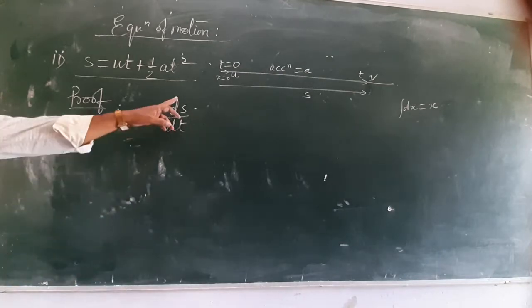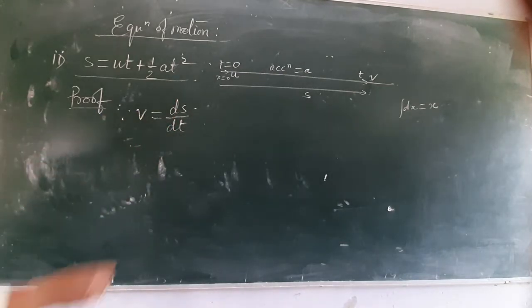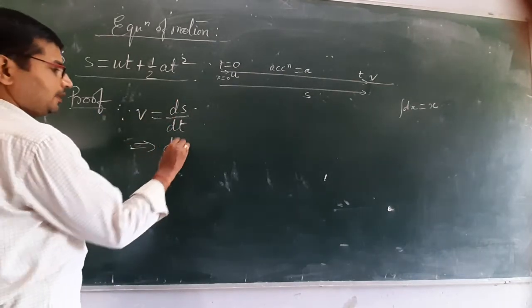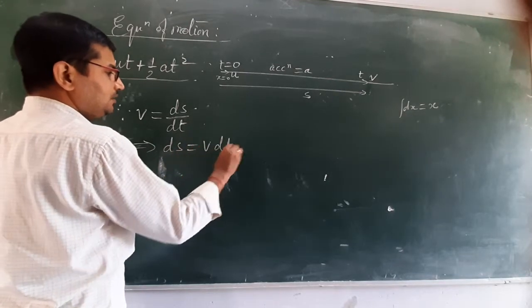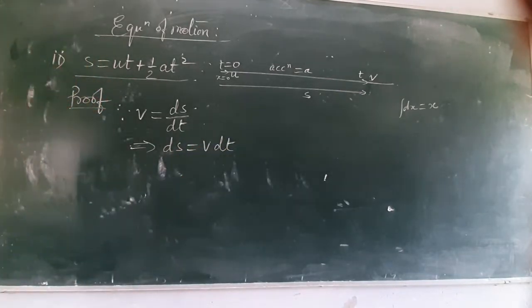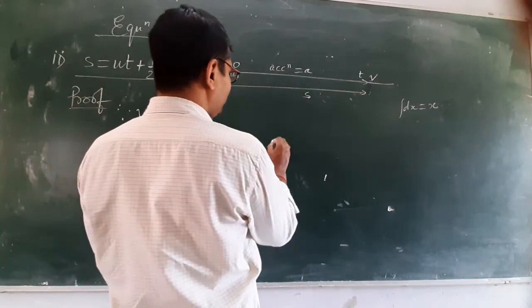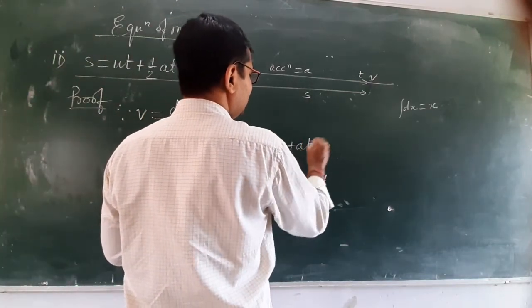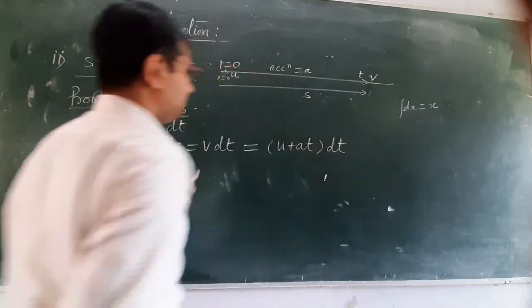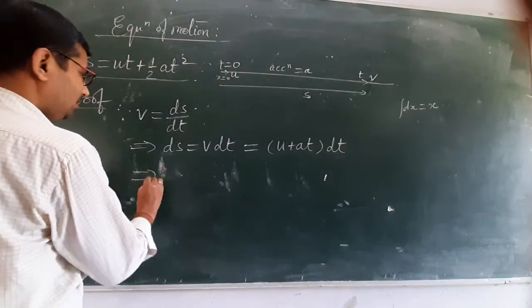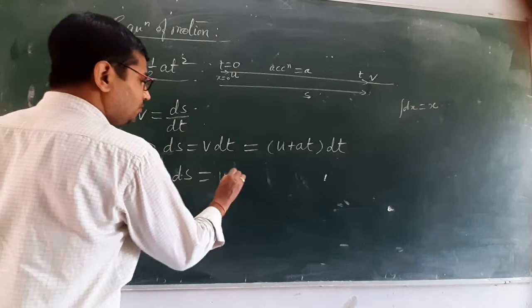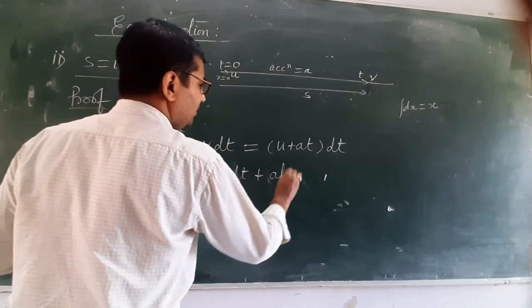The time rate of change of displacement is called velocity. So ds is equal to v dt. And what about v? Just I have told you that v is equal to u plus at. So finally we may write ds is equal to (u plus at) dt.